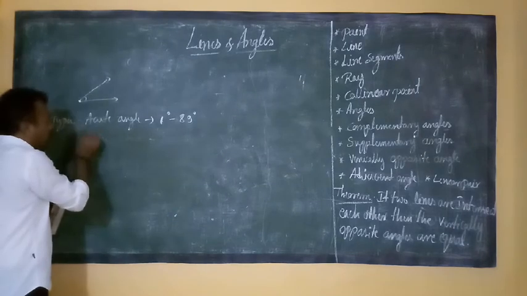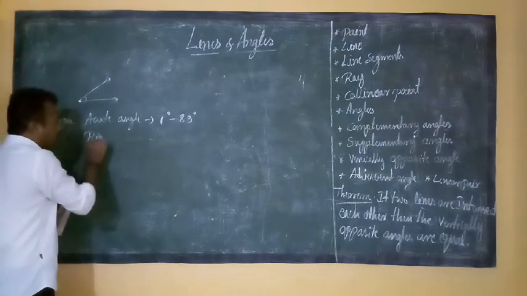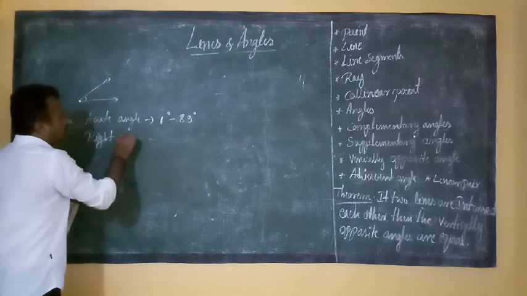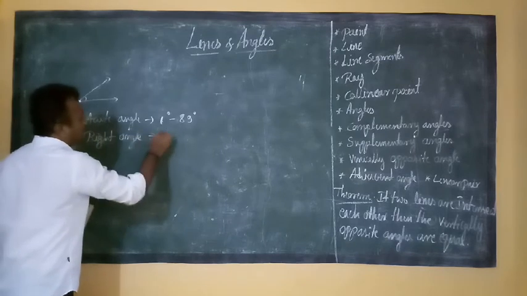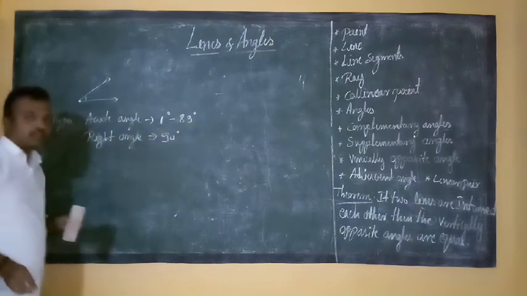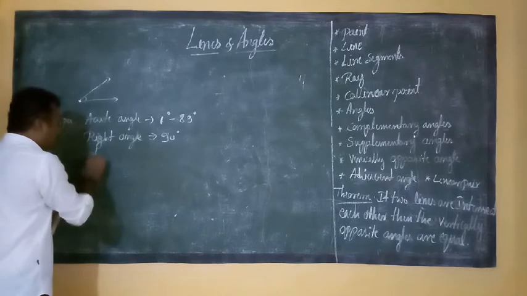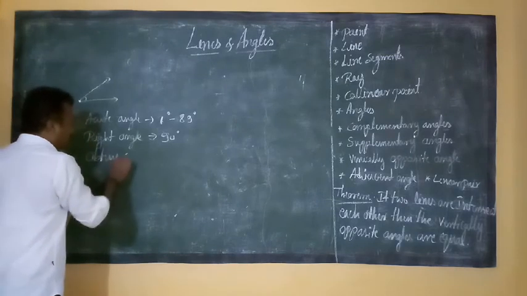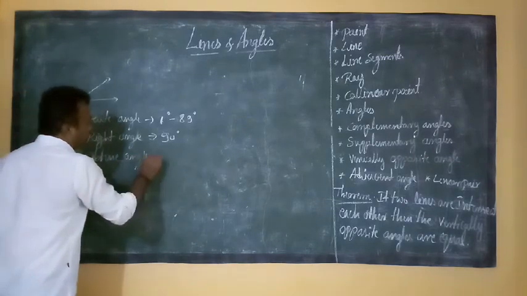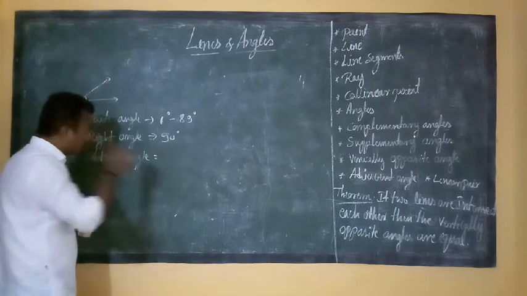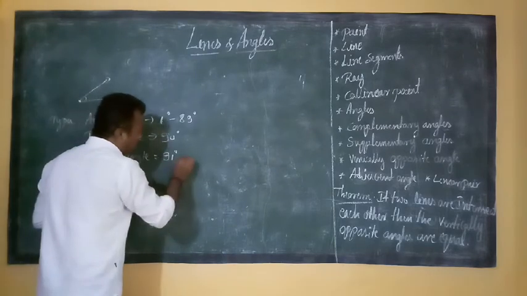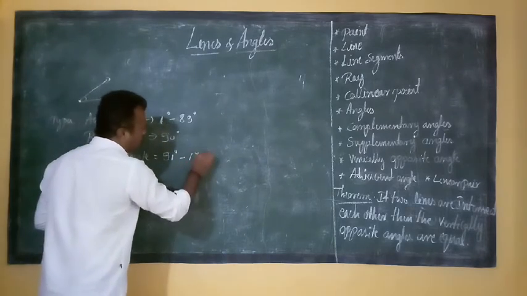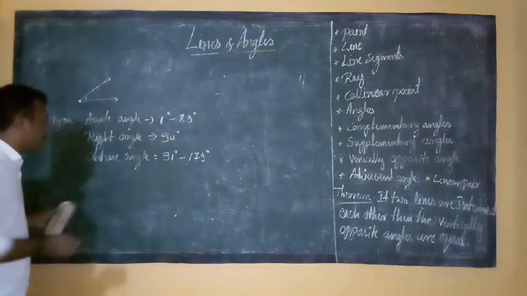Then right angle. A right angle measures exactly 90 degrees. Then obtuse angle. An obtuse angle measures 91 degrees to 179 degrees.